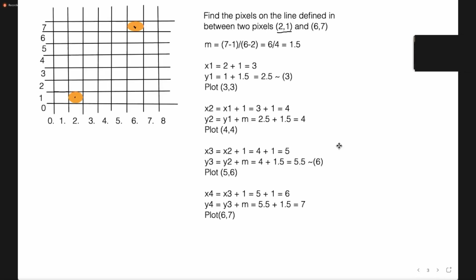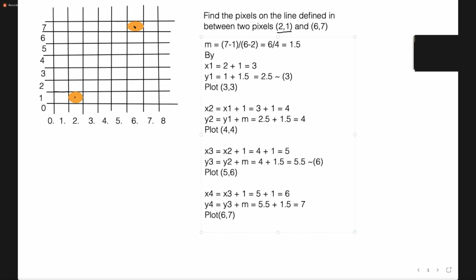We increment not on x direction, but on y direction. By incrementing on y direction, calculate x. Let's see how to do that.